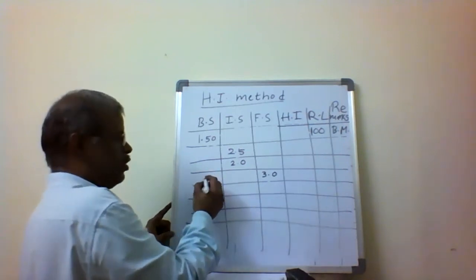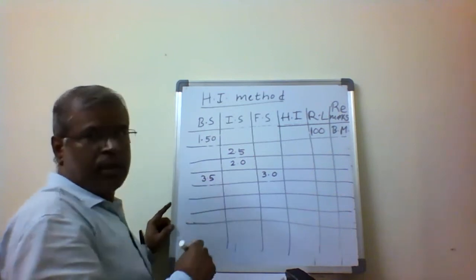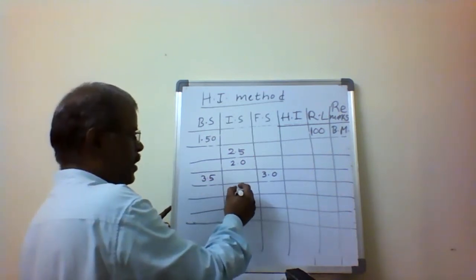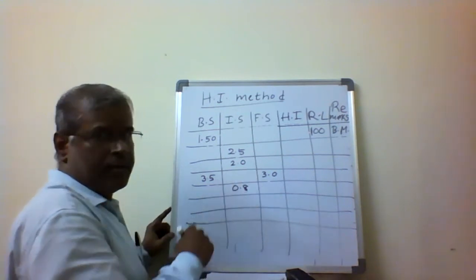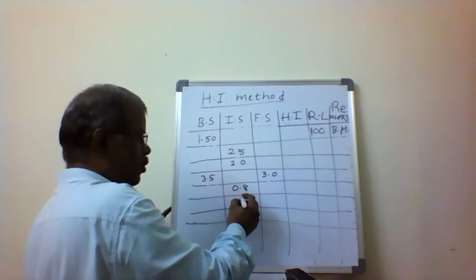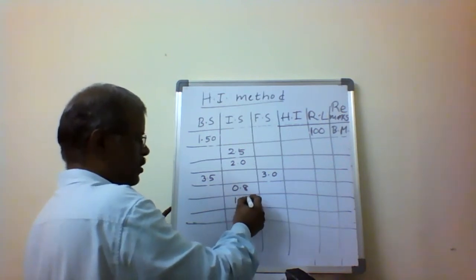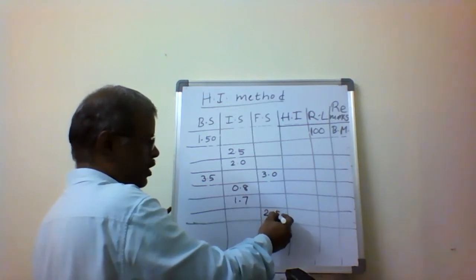Then the backside is 3.5, the intermediate side 0.8, then another intermediate side 1.7, and it ends with 2.8.